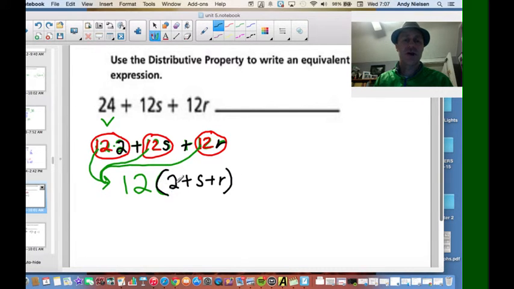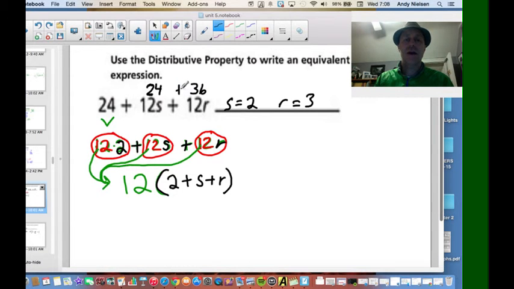I'm using the distributive property to rewrite an equivalent expression, and now I can just check it out by giving some simple values. Let's say S is going to equal 2, and anytime I have an R, those are going to equal 3. Nice, easy numbers to work with. And so this would be 24 plus 12 times 2, which is 24. 12 times 2 is 24, and 12 times 3 is 36.